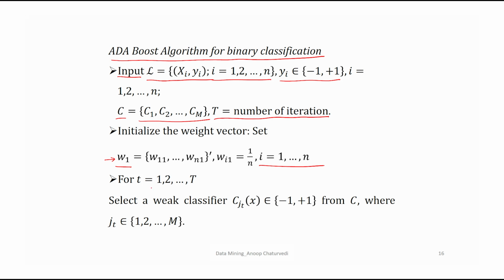Then for t equal to 1 to capital T, select a weak classifier C_jt(x), which belongs to {-1, +1}. This is a particular classifier from C, where jt takes values 1 to m.